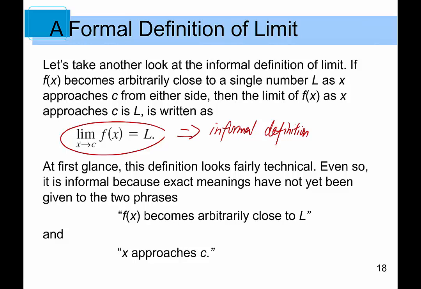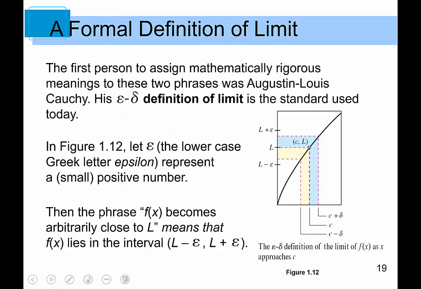If you look at it, this definition looks fairly technical, even so it is informal because exact meaning has not yet been given to the two phrases: f of x becomes arbitrarily close to L when x approaches c. The first person to assign mathematically rigorous meaning to these two phrases was Augustin Louis Cauchy.